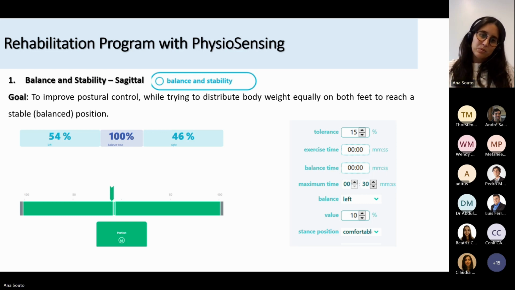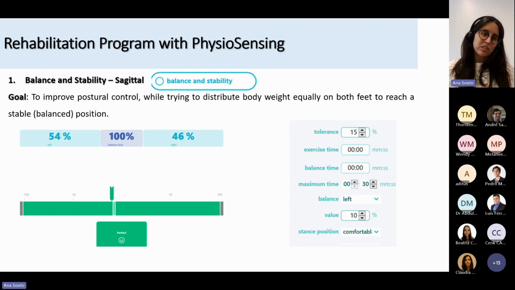Okay. One of the most important parameters here for this patient is this one, the balance value.